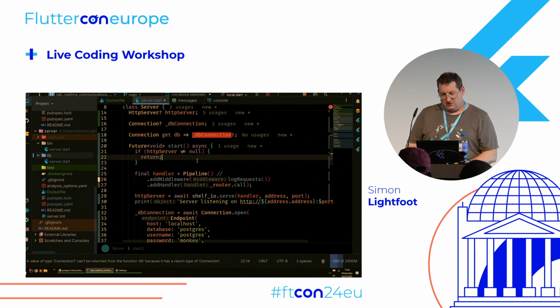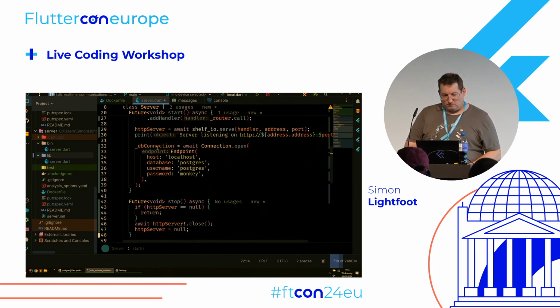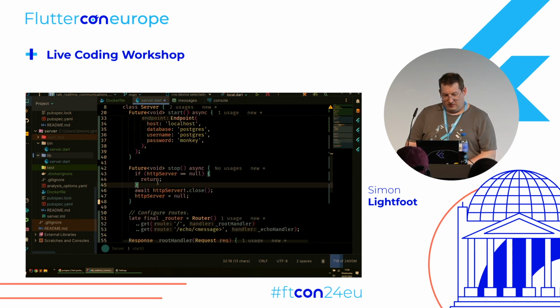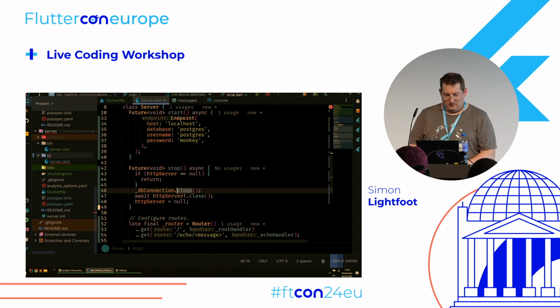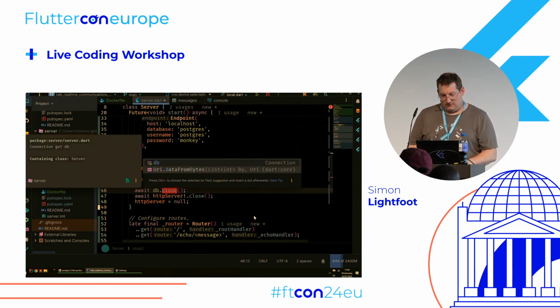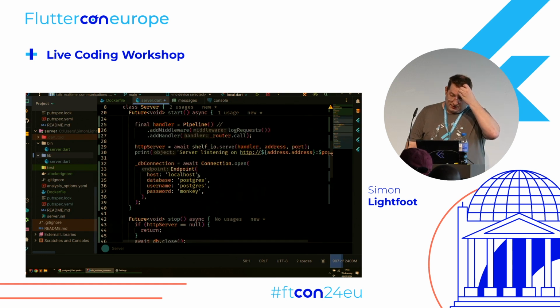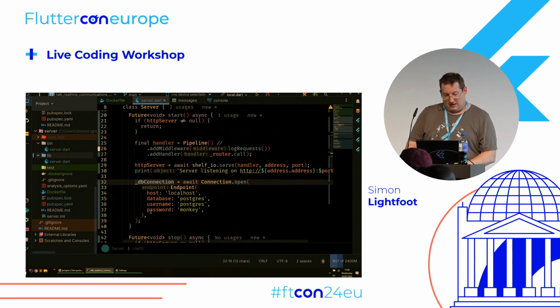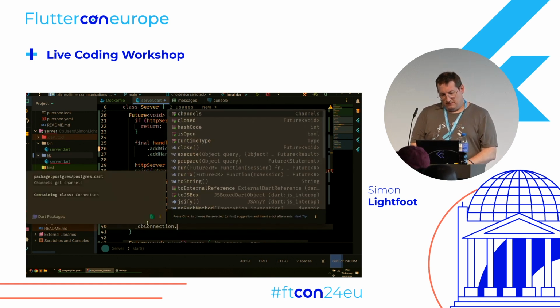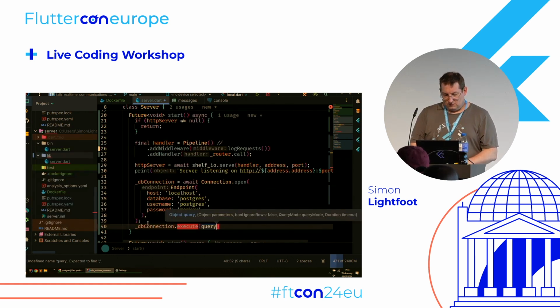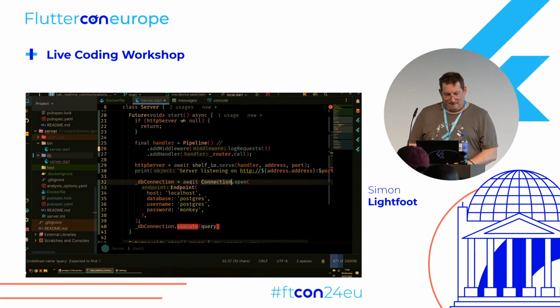So what we're going to do here is just use this getter as a way of not having to put the bang everywhere. And then when we stop the server, we want to tidy that up. And in fact, yeah. Right, now we've got a connection. We want to listen to that, hard code everything. I've got my extension. Let's do that.